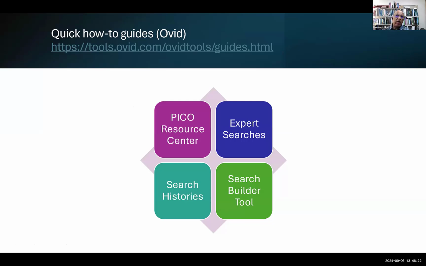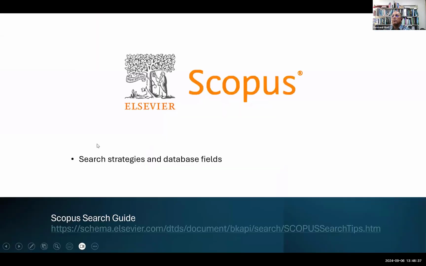This is not only great for us to reskill or train on better ways to do things, but also to share with your students. And you may also want to include them in your LibGuides after giving credit to them. Just briefly, a link if you want to check how to search in Scopus, there is a Scopus search guide.